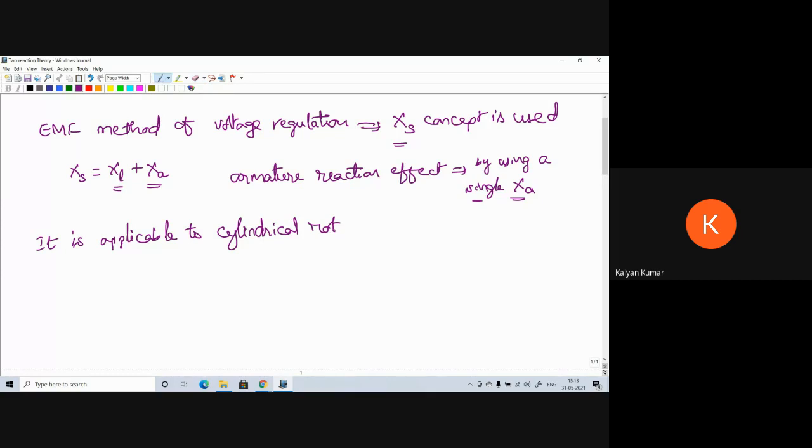Cylindrical rotor alternators only. Not only alternators, in case of motors also, the equivalent representation of armature reaction by using a single reactance value is applicable to only cylindrical rotor machines.